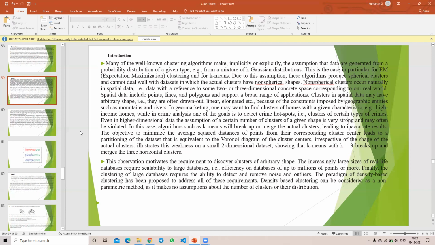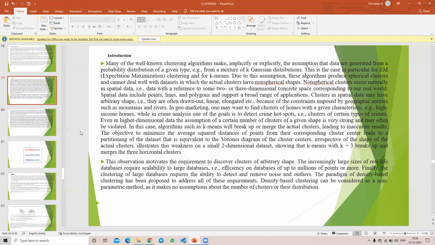The increasingly large size of real-life databases requires scalability to large databases, that is, efficiency on databases of up to millions of points or more. Finally, the clustering of large databases requires the ability to detect and remove noise and outliers.